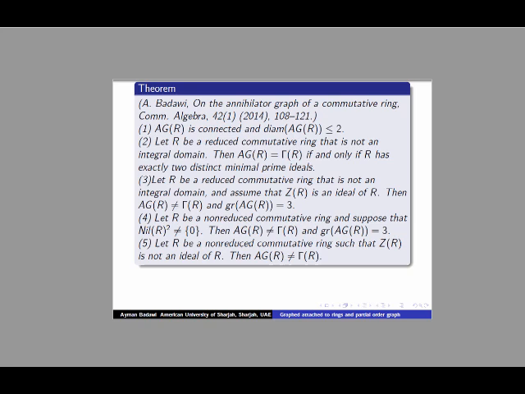The diameter is less or equal to 2, the diameter of the annihilator graph.